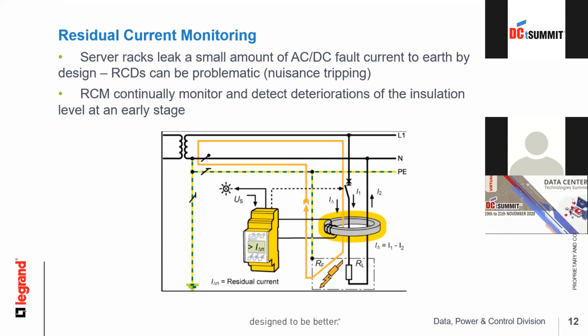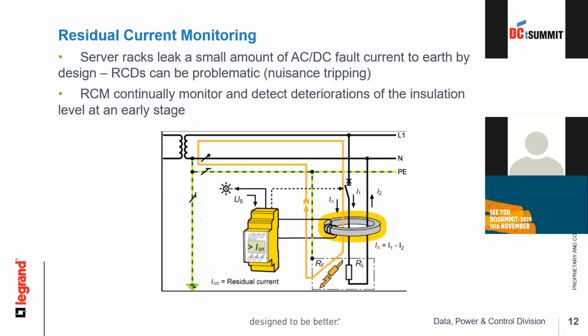So the next important point which we need to cover to ensure reliable power distribution in data centers is to see how we manage residual currents. Server racks have a tendency to leak small amounts of AC or DC fault currents to earth by design. That's the nature of the server racks.